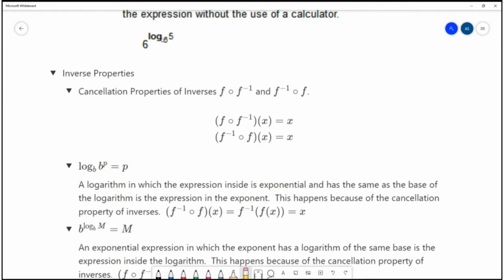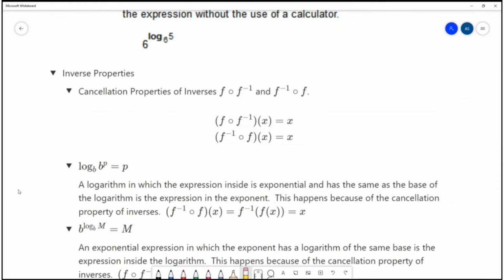Logarithms and exponentials are inverses of each other. So this is a very valuable piece of information related to inverses. So when we compose inverses, all of those operations should cancel out and you get back to where you started. The x that's inputted is the output of this composition.